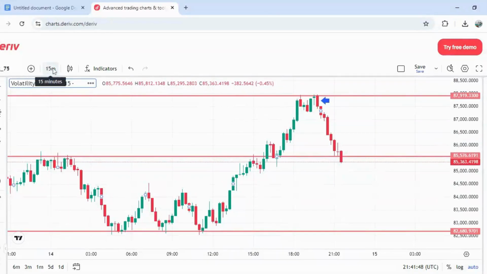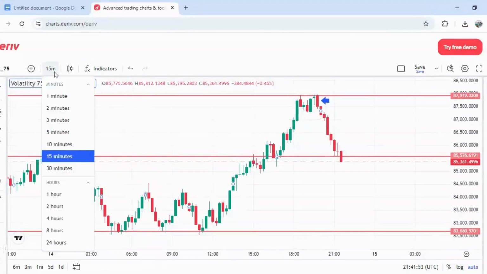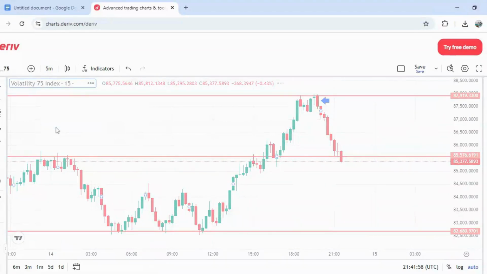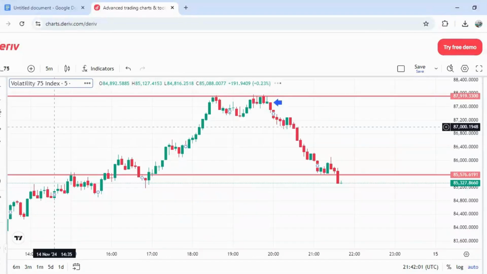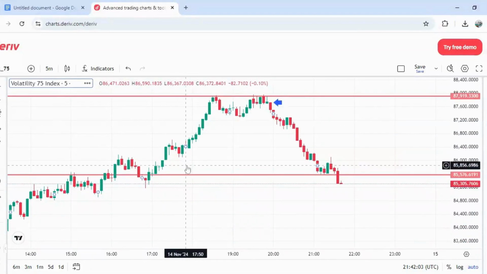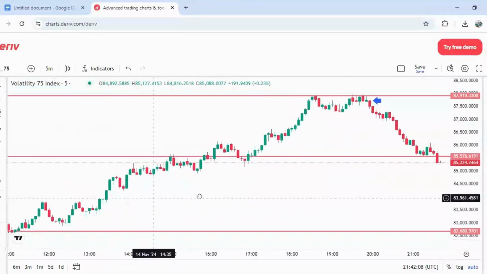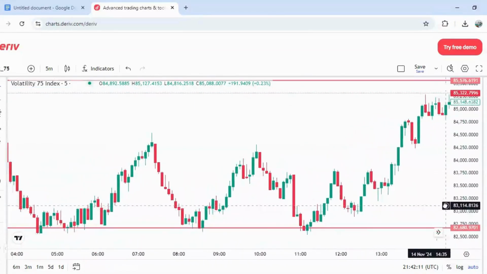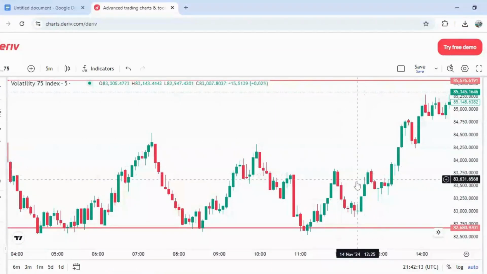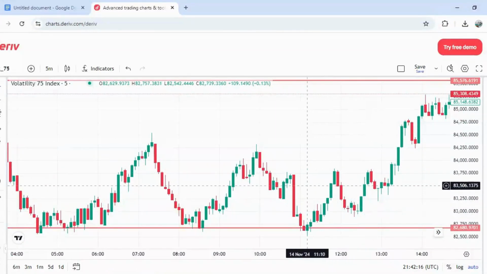So after 15 minutes, we have our three resistance and support areas. We need to go to 5 minutes. I hope you have seen that the ones we have drawn have disappeared.